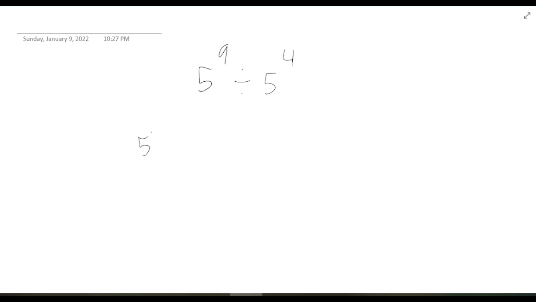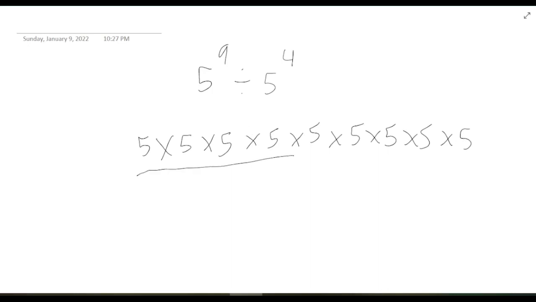So this is going to be a long expression. It's going to be 5 times 5. Okay, so I wrote 5 times 5, 9 times: 1, 2, 3, 4, 5, 6, 7, 8, 9. And now we're going to put that over 5 to the 4th.